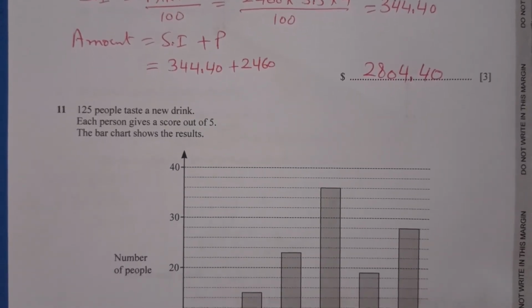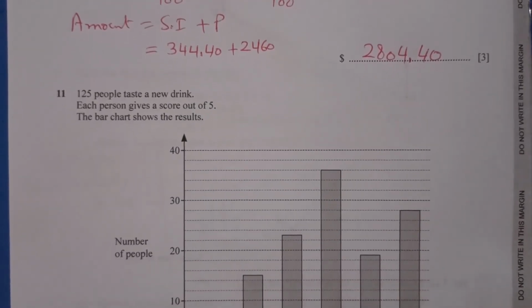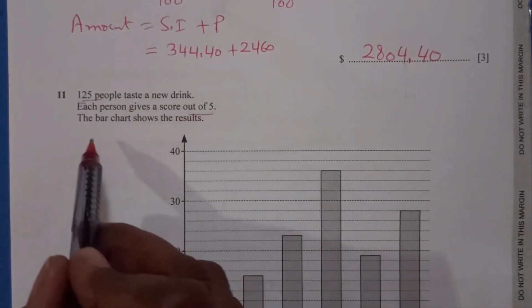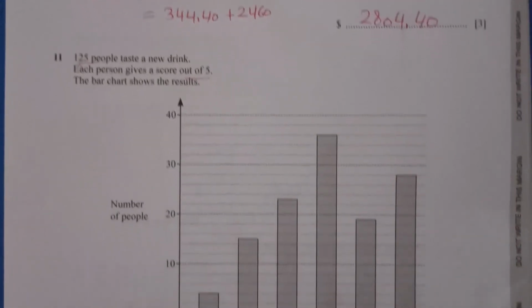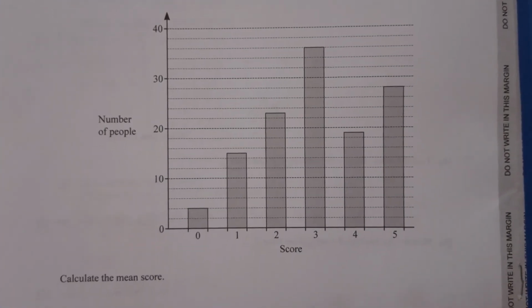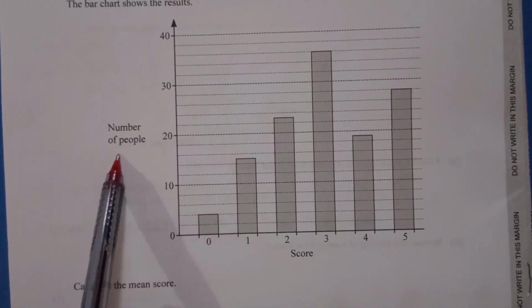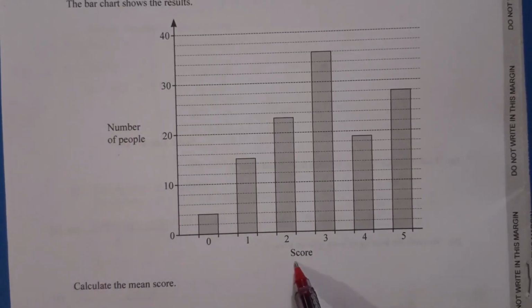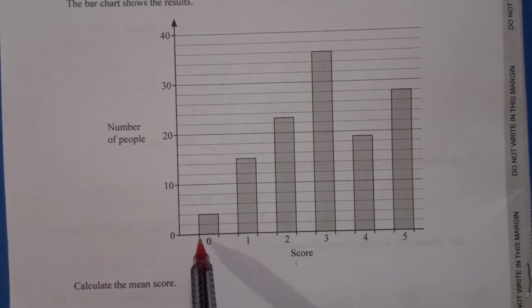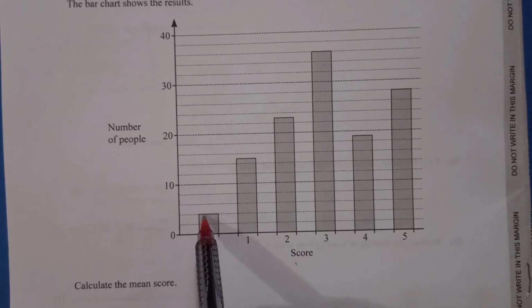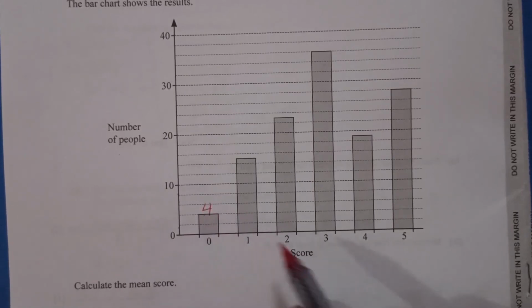125 people taste a new drink. Each person gives a score out of 5. The bar chart shows the results. Okay, so now this side we have the number of people and this side we have the score. This is 2, 4, 6, 8 and 10. So this is 4. 4 people give score 0.